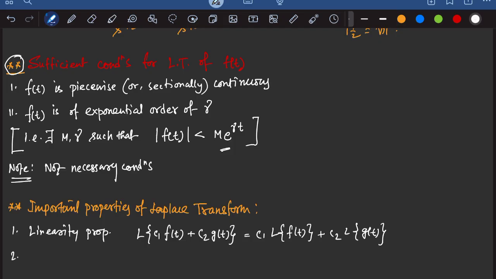First let me write down these few properties, and after that we'll solve questions. At that time the ideas will become clearer to you.